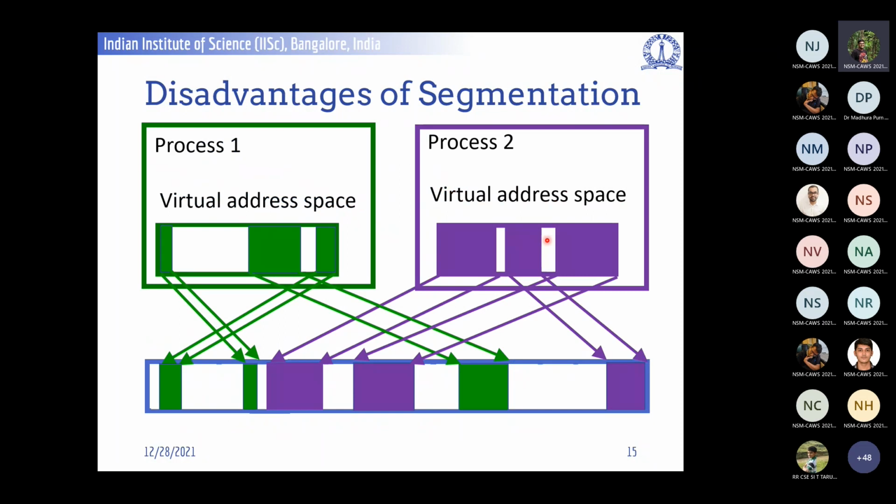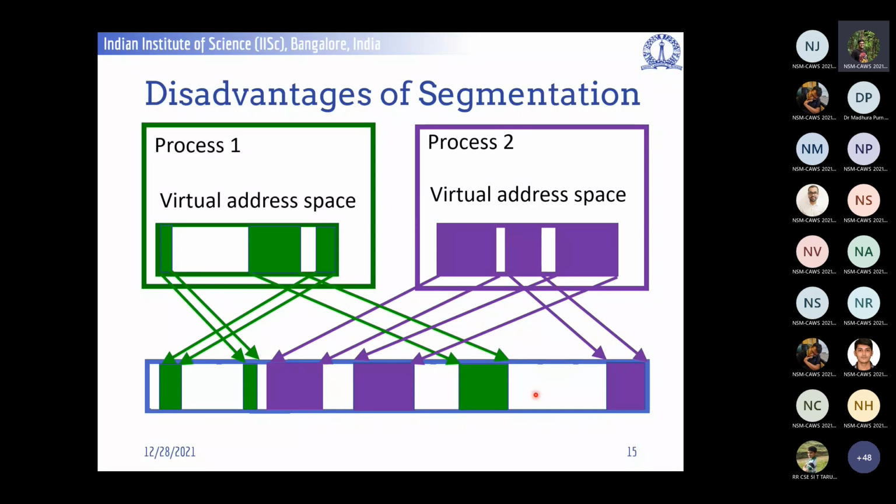The main problem with segmentation is what is called external fragmentation. Let us assume that at a given point of time there are two processes, and this is the physical memory, and the white portions are the unallocated or free physical memory, right?